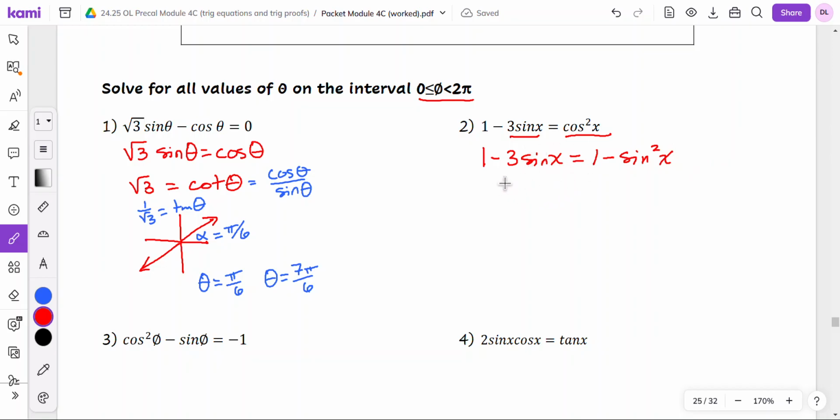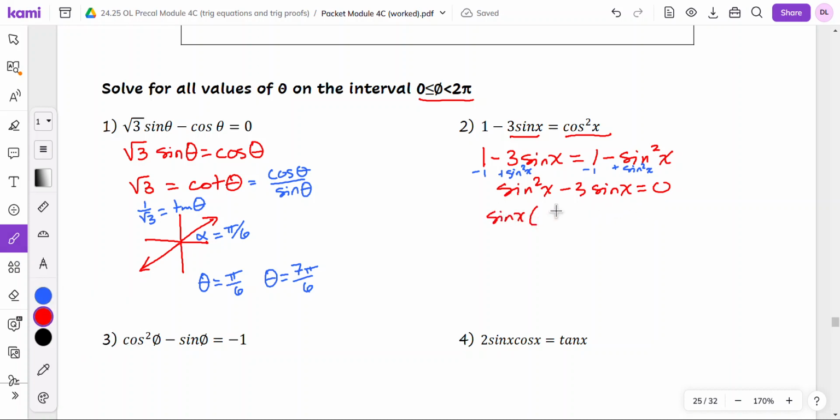That would give me that sine squared of x minus 3 sine of x must be equal to 0. If I subtract 1 from this side and add sine squared of x, I get sine squared of x minus 3 sine of x is equal to 0. So let's factor out a sine of x.